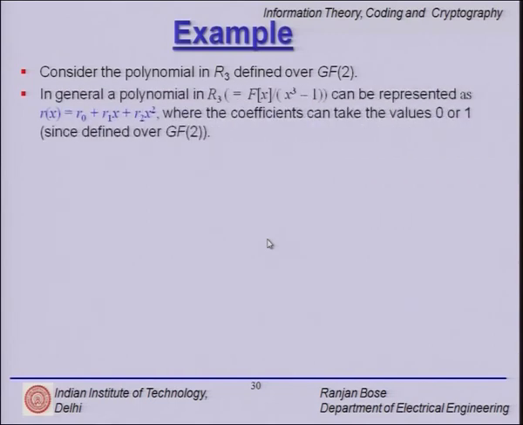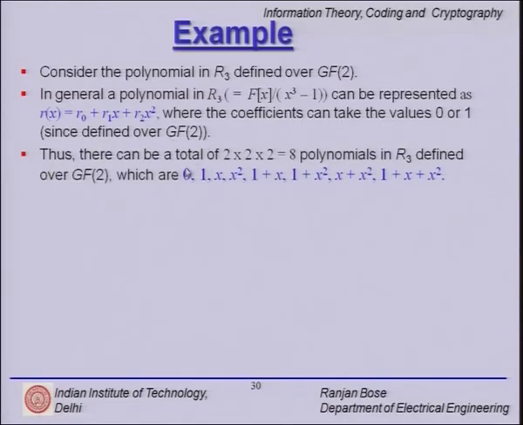So, let us take a simple example. Let R(x) be equal to R0 plus R1 x plus R2 x squared, and we are doing it over GF(2). We have a total of 8 polynomials, since we are taking f(x) modulo x cube minus 1, which means the highest power of this residue can be 2.